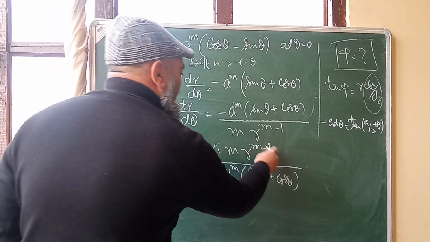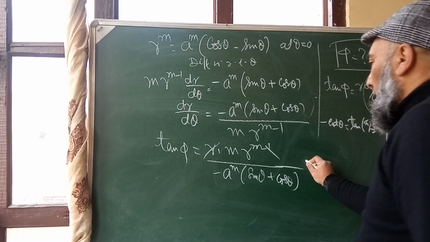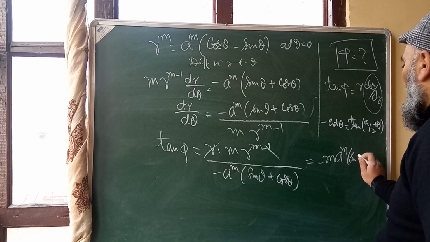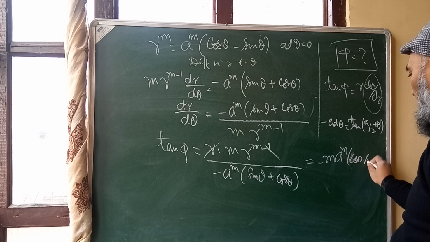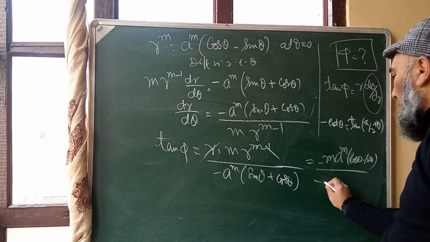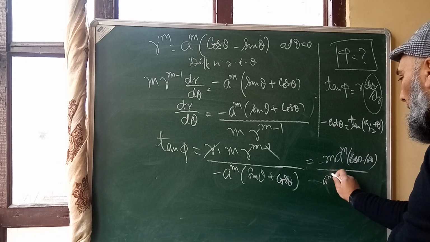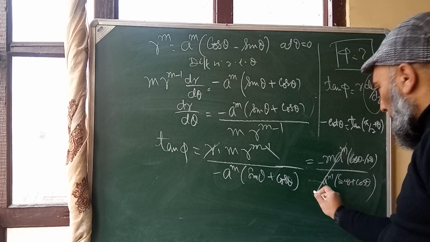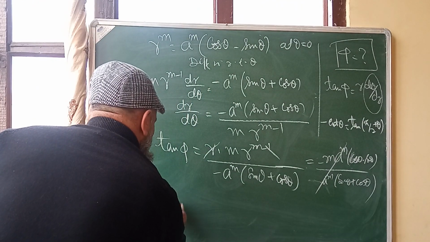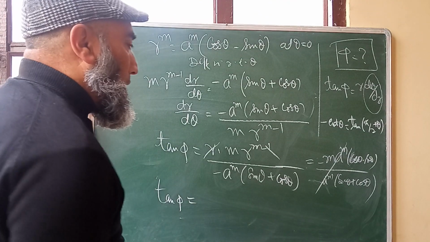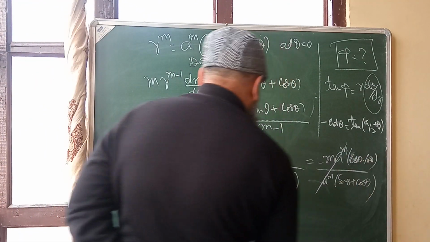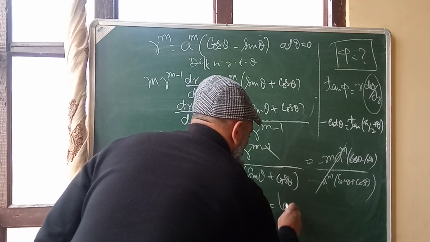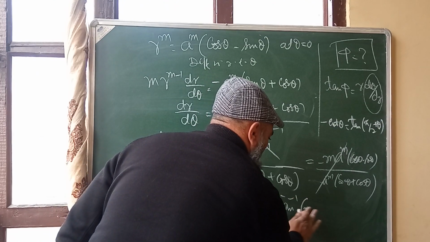Substitute r to the power m, and this goes. So tan phi is minus m times cos theta minus sine theta over sine theta plus cos theta. At theta equal to 0, cos 0 is 1, sine 0 is 0, so it is minus m. We can take phi as tan inverse of minus m.